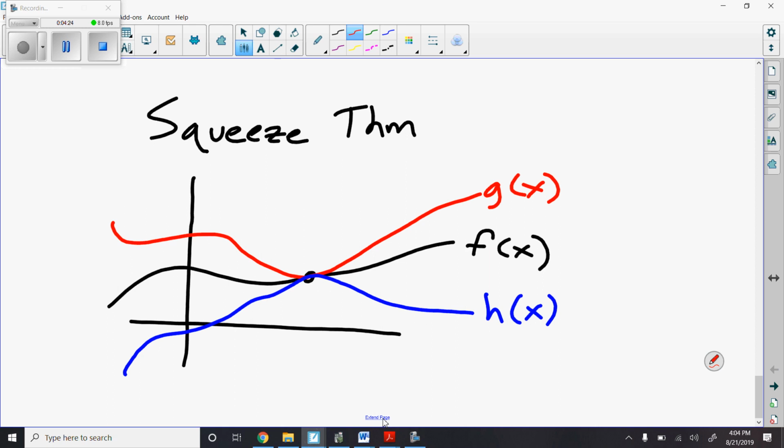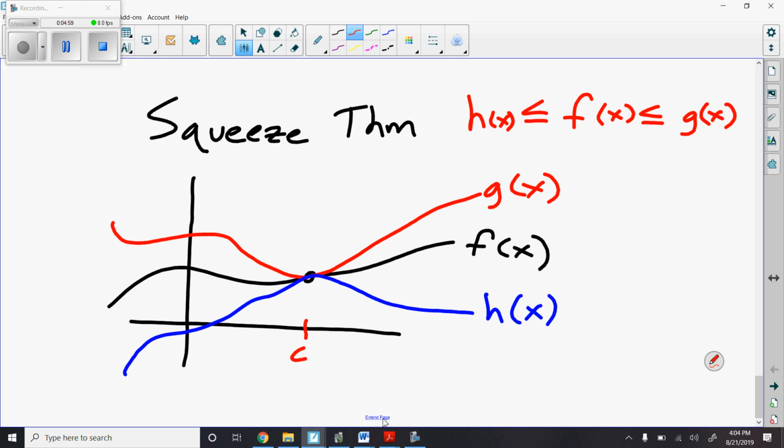Okay, so if we know something like this, if you know that f of x is always greater than or equal to h of x, but always less than or equal to g of x. If we can squeeze f of x in between those two functions, we know that f of x is always between those two functions. And we know two things.